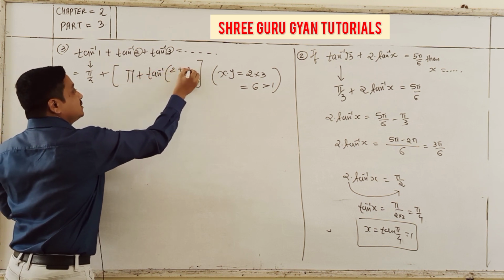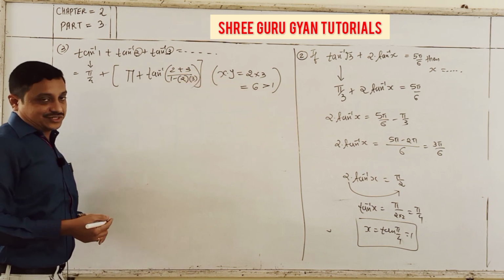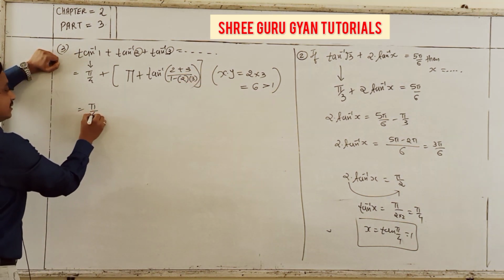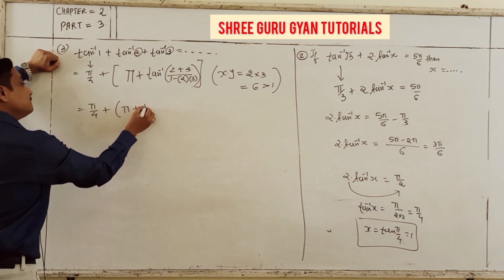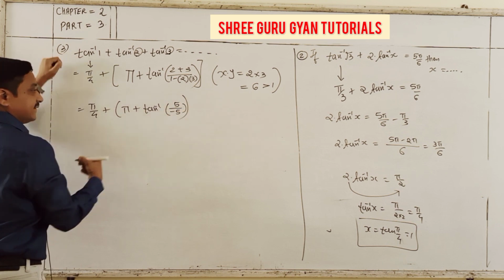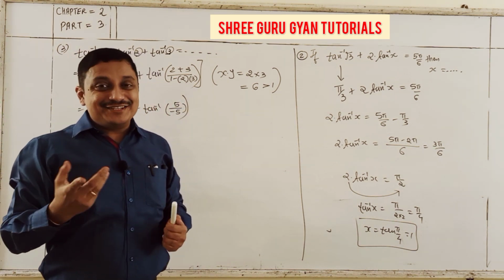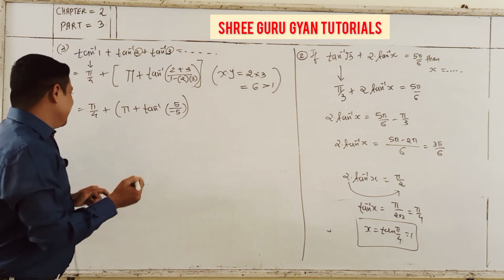tan inverse of (2 plus 3) over (1 minus 2 into 3). In short, pi stays the same, and that becomes 5 over minus 5, which is minus 1, that is minus 45 degrees.